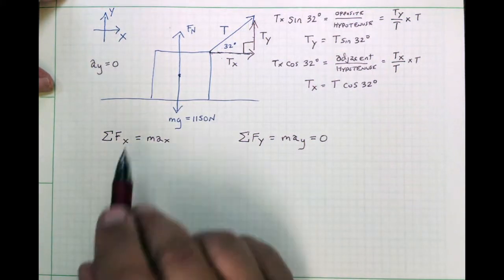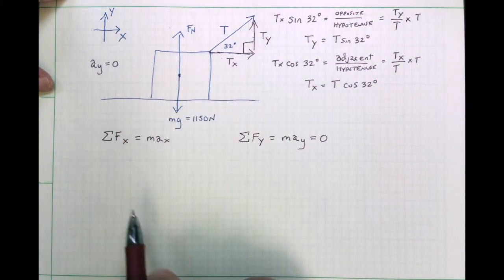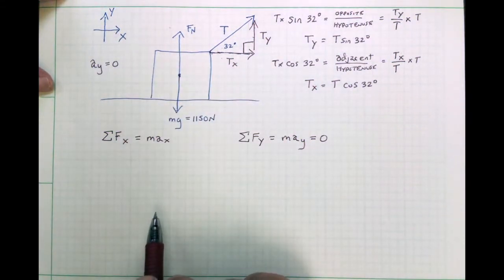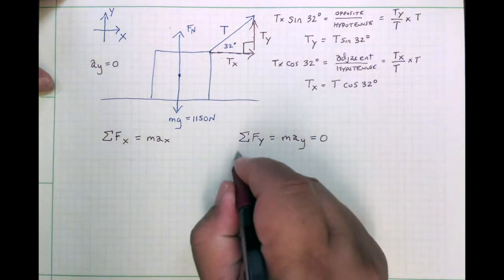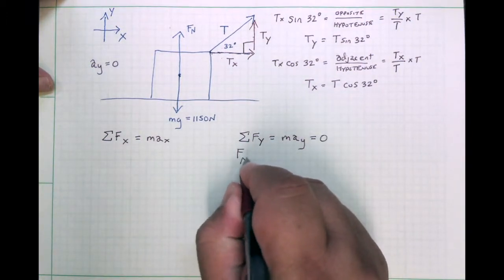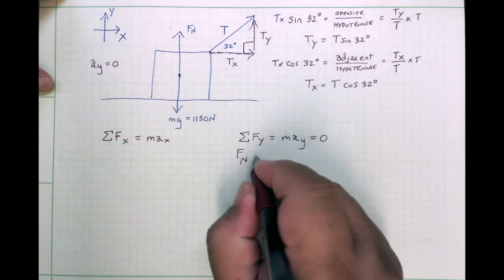Well, we see that there are 1, 2, 3 forces acting on the crate in the y direction, 2 up, 1 down. And so, when we go to sum those forces, we see that the normal force is up, positive.